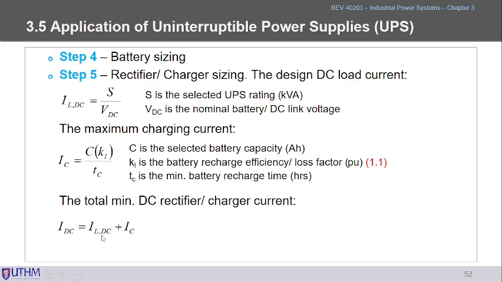One will drain to the loads, another one will drain to the battery. So that's why we have 2 for the rectifier. This is for the rectifier DC current.